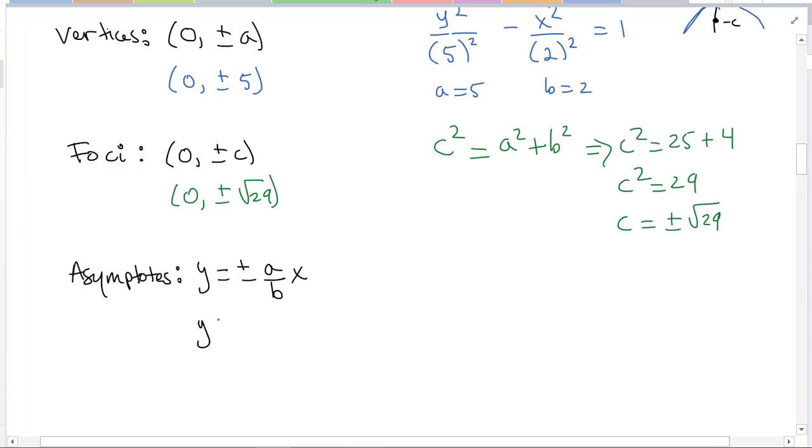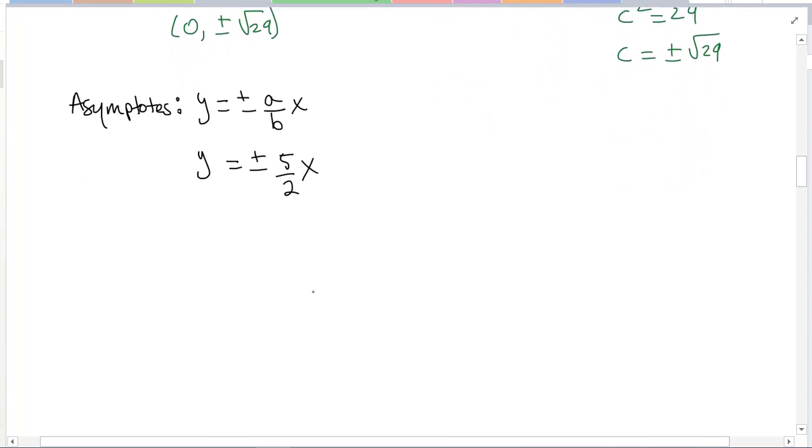For our example, a is 5 and b is 2, so y equals plus or minus 5 over 2 x. And now with all this information, we can graph our hyperbola.